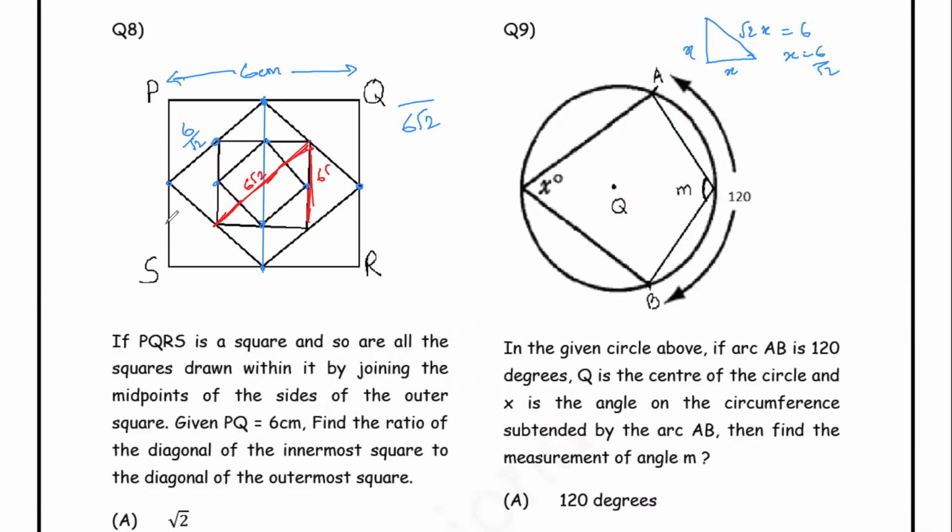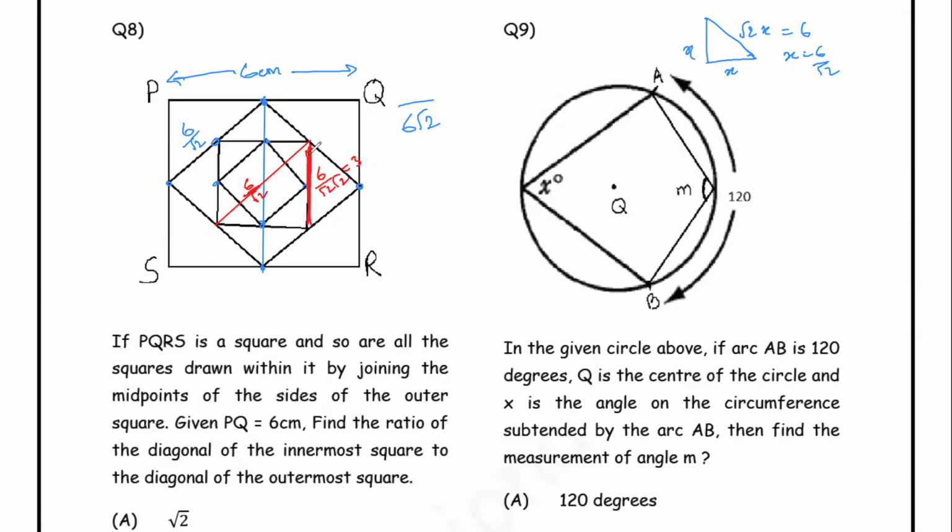So 6 by 2. My bad. So this one is 6 upon root 2. So therefore the side is 6 upon root 2 and then upon root 2. So that is 3, 6 by 2.